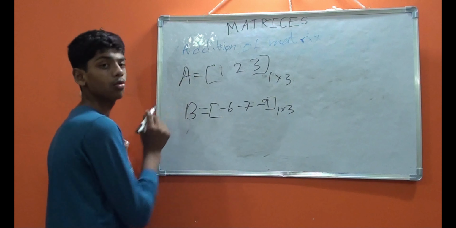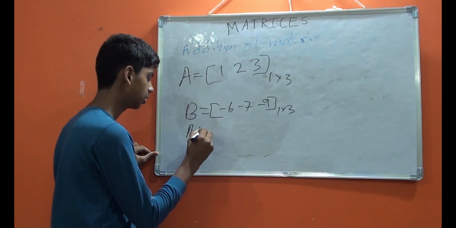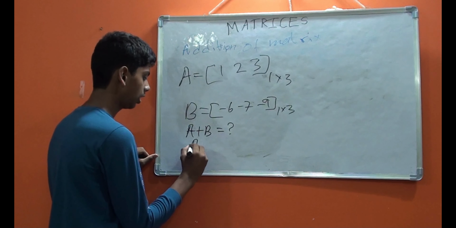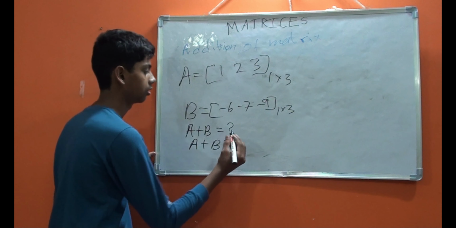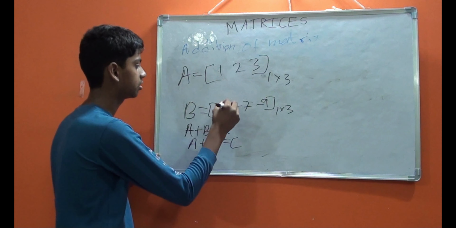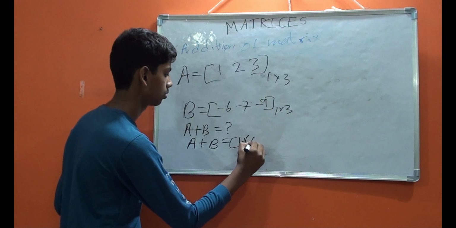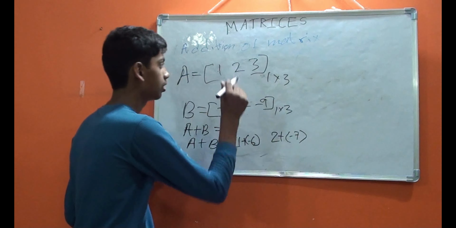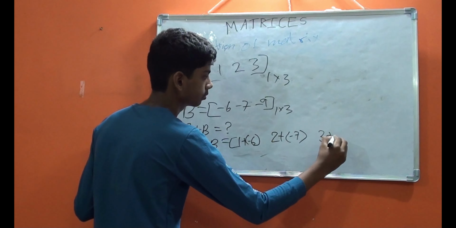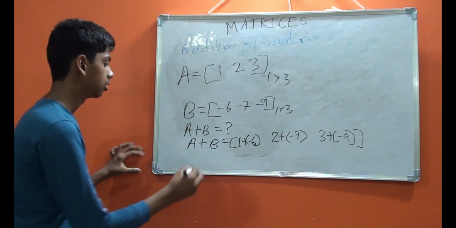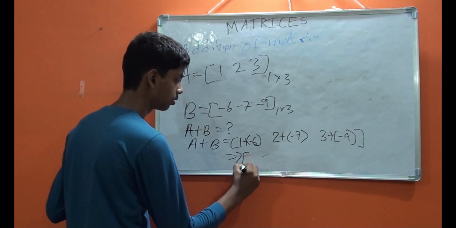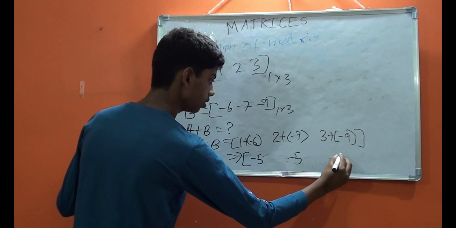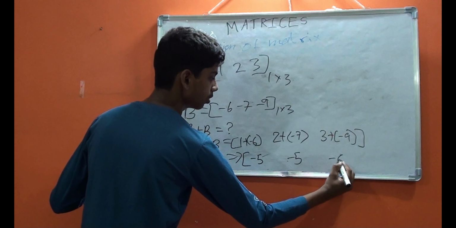Now they might have given A plus B. So A plus B equals first element plus first element, second element plus second element, third element plus third element. So this equals -5, here also -5, and this equals -6.